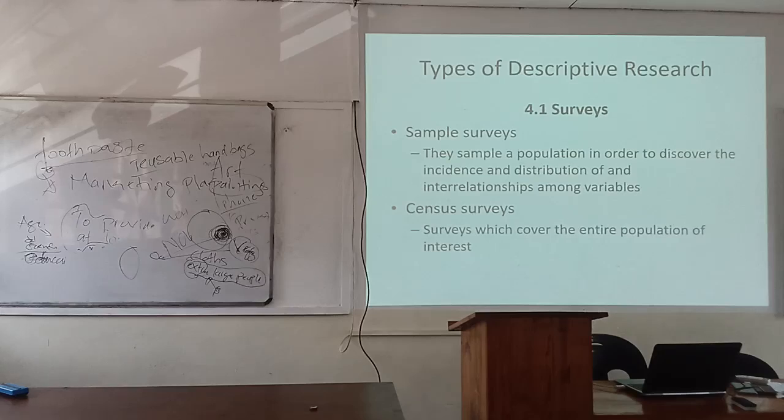For example, as I was saying about wealth status in area 15, you conduct a survey to look at how many cars each household has, how many TVs the household has, what is the income status of each and every household in area 15. You could conduct a survey to collect that data.